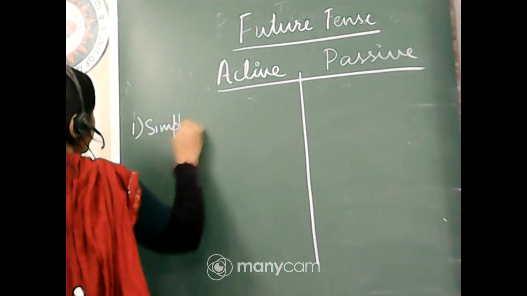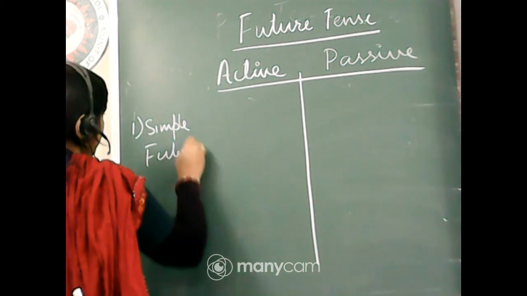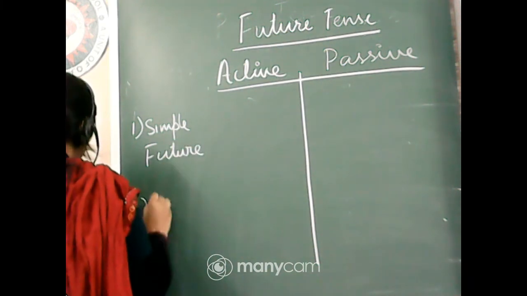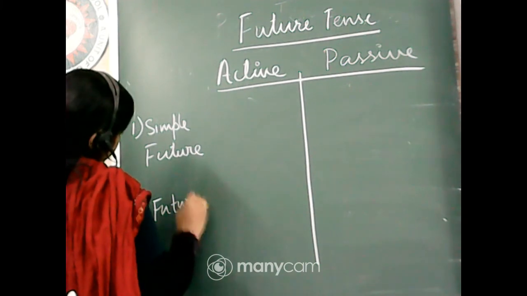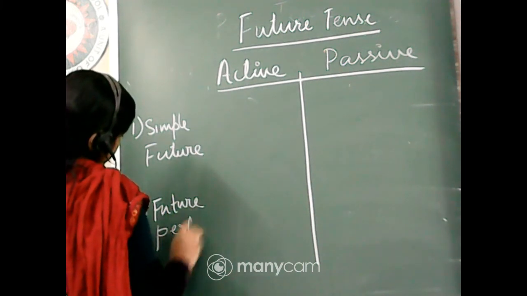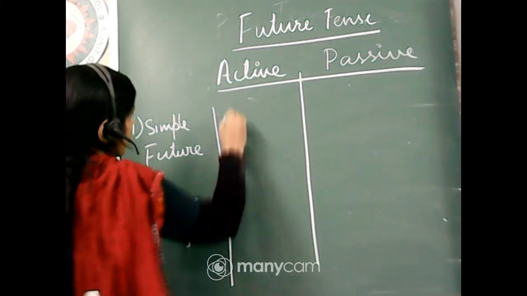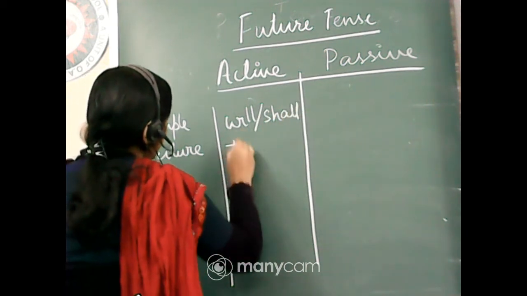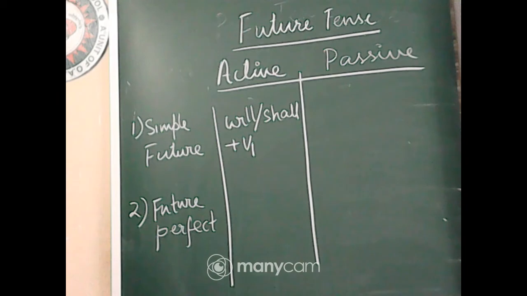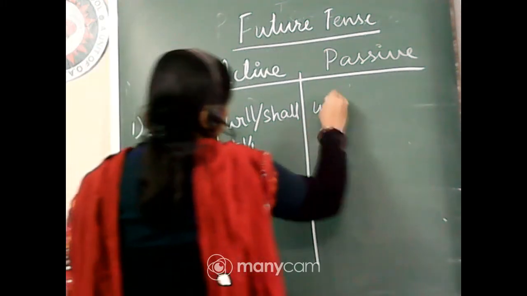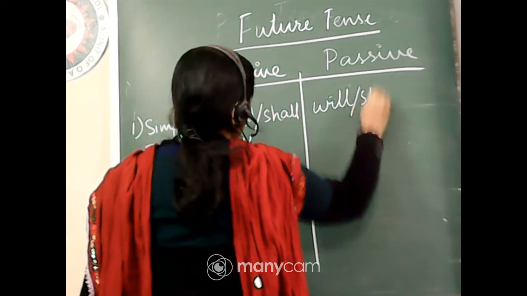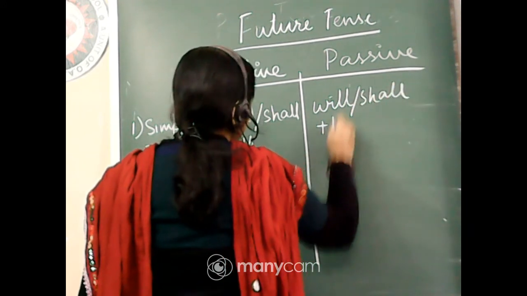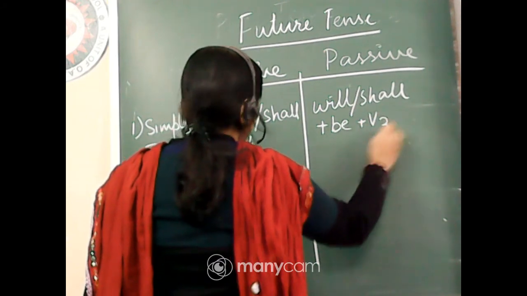Simple future and future perfect. Will or shall plus V1. This is the form of the future tense. Okay, simple future tense. And the form of the simple future tense in the passive voice will be will or shall plus be plus V3.